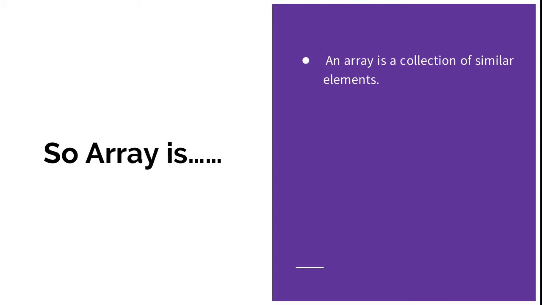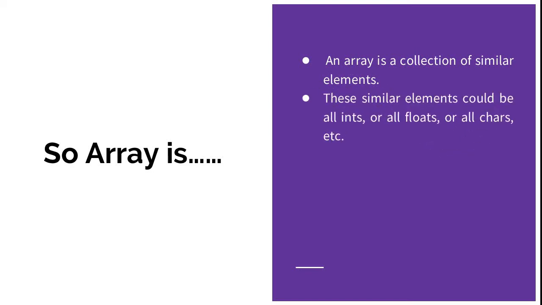This format of marks should be equal. For example, all the students' marks should be stored in integer values or in float values. I cannot store one mark as an integer and another in character format. That is why all the data should be of a similar kind. It should be either integer, float, character, or double, like that.